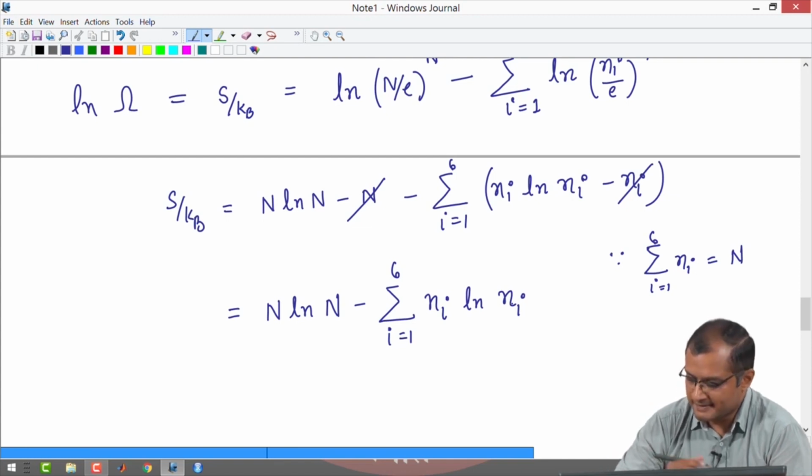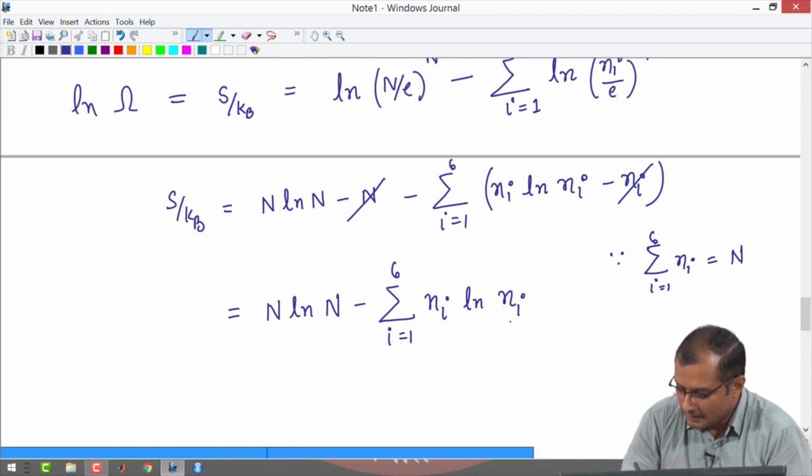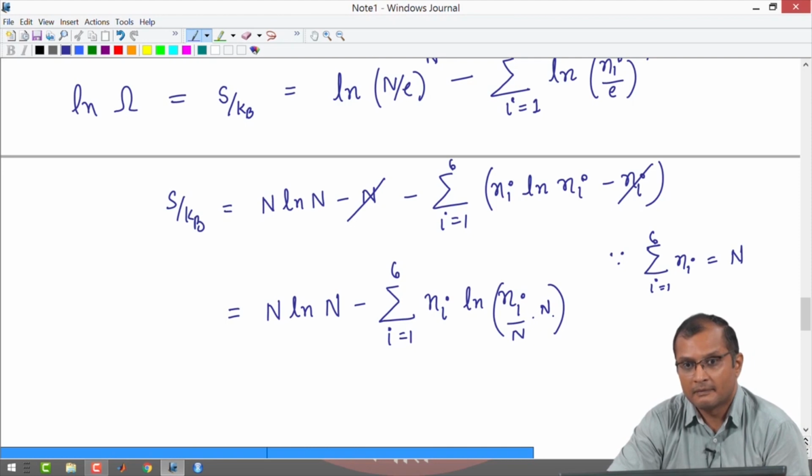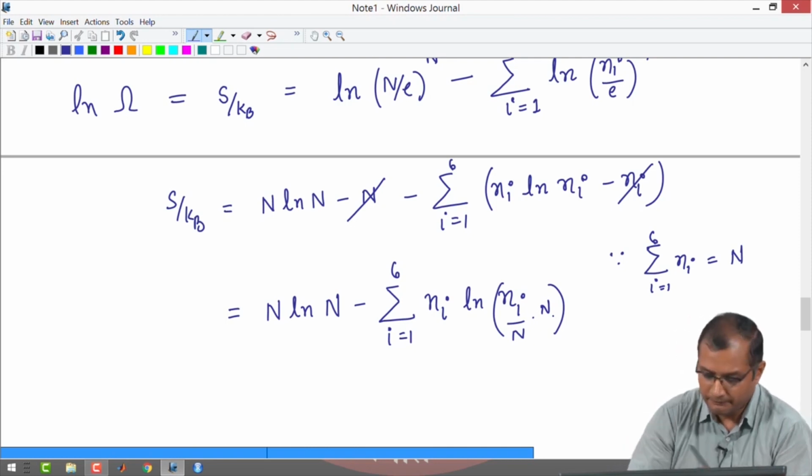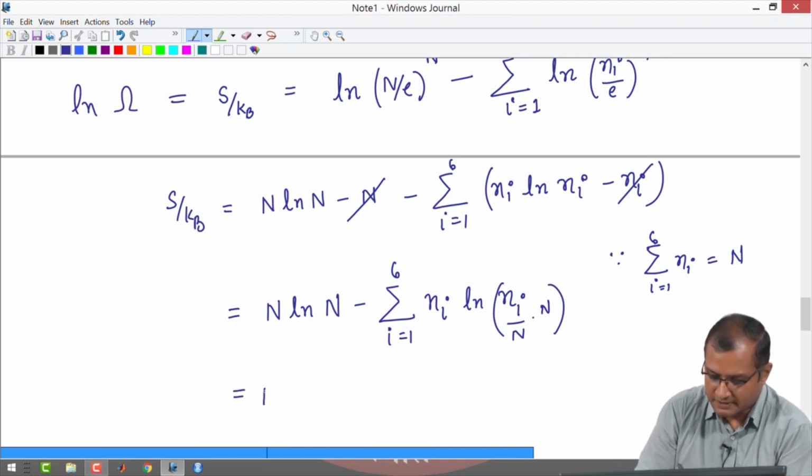So, I need to simplify this further, which is very simple. What I will do here is basically divide this by n and multiply this by n, okay. So, let us see what this gives us.